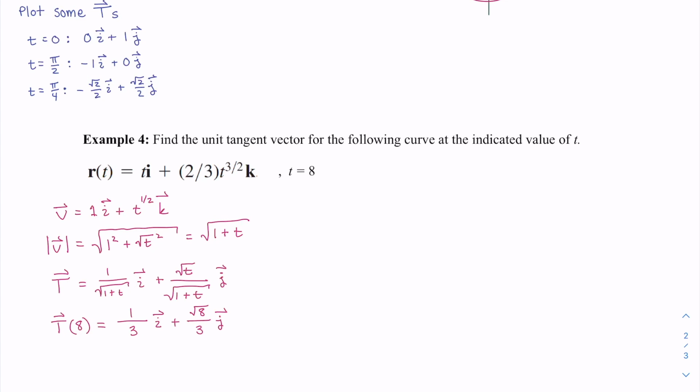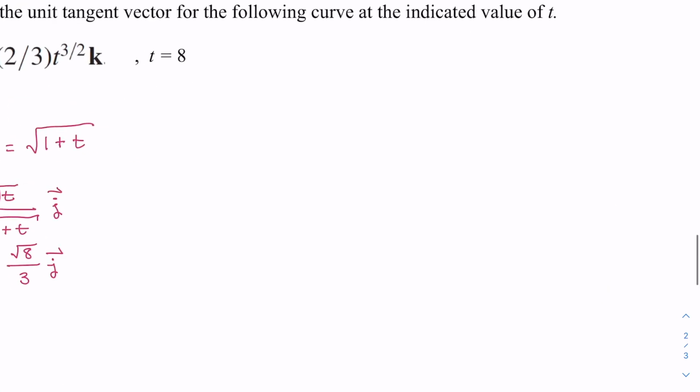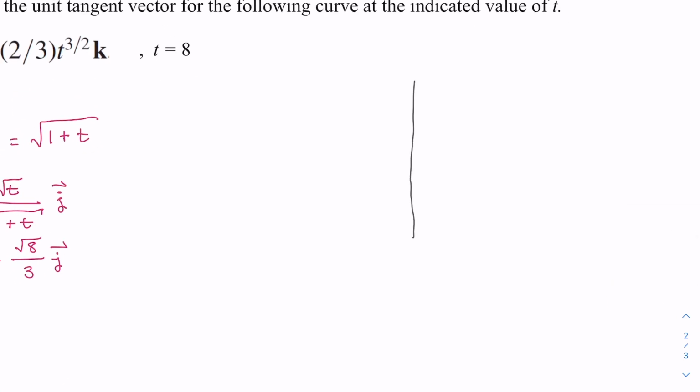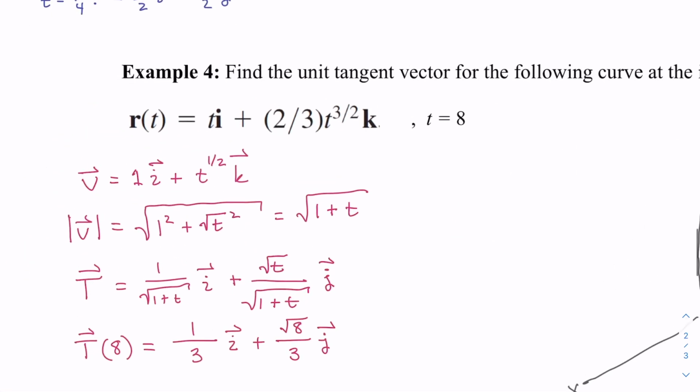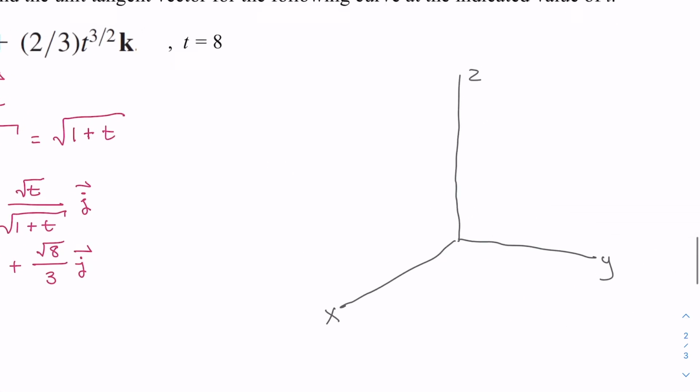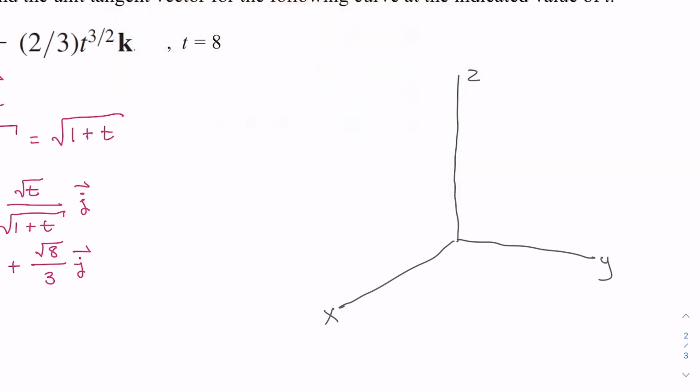So if I were to draw a little three-dimensional axis here, for x, y, and z, oops, how do I erase this? So because r of t only has i and k, you know that this curve is restricted to this plane.